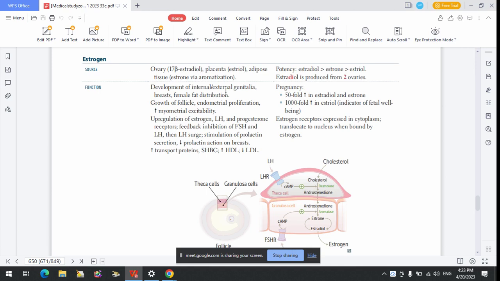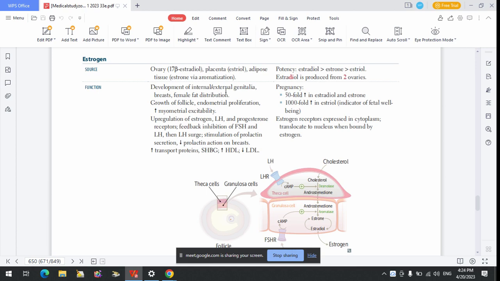Then it's important to know that receptors for some lipid hormones like estrogen, your adrenocortical hormones, thyroid hormone, and vitamin D, some of them have their receptor in the cytoplasm and some have their receptor in the nucleus.